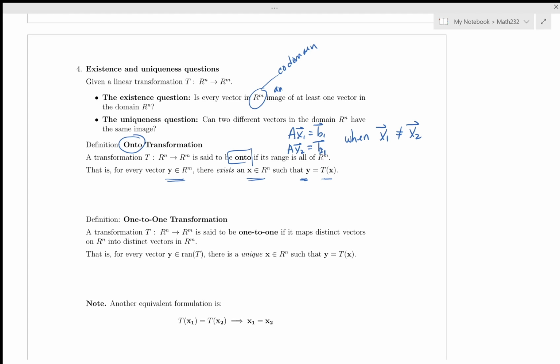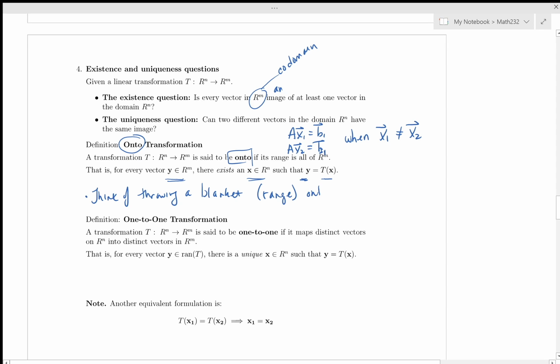So onto means the whole thing is covered. Think of it this way: think of throwing a blanket, that's going to be the range, onto a bed. The bed is going to be the codomain.